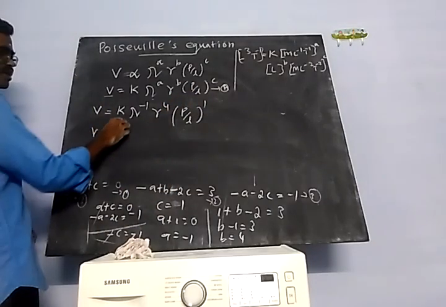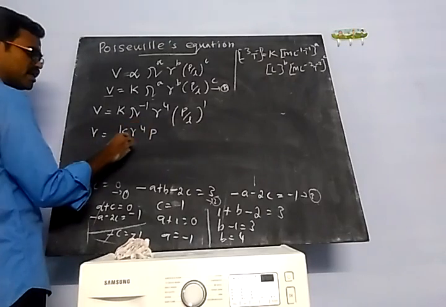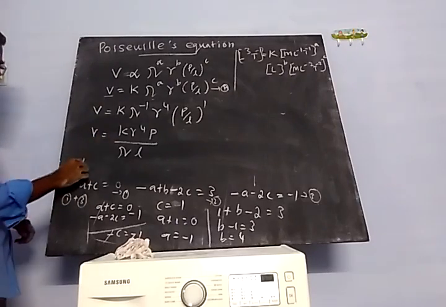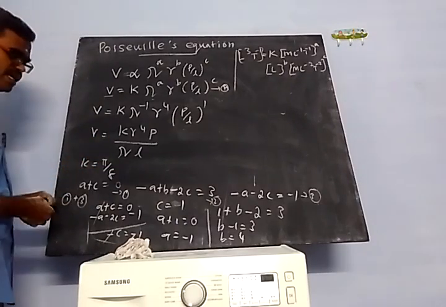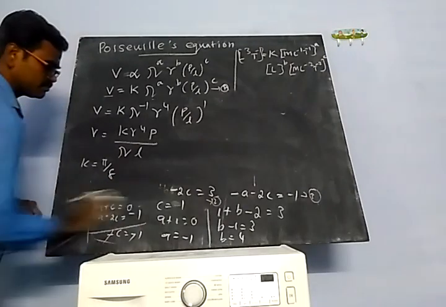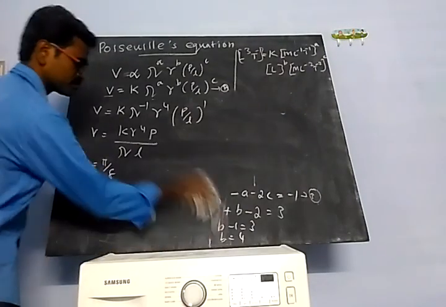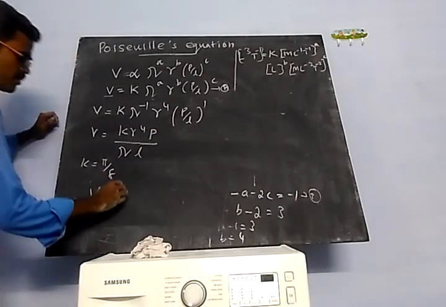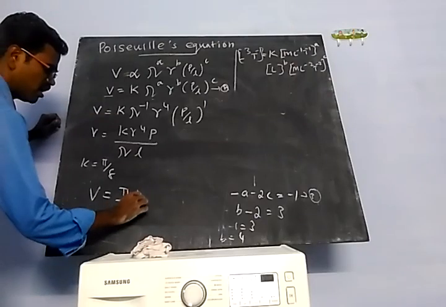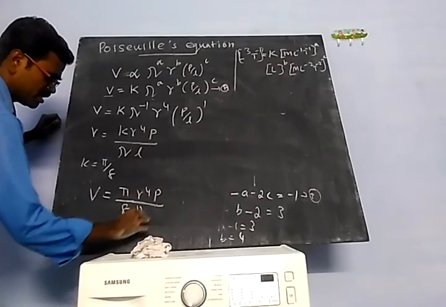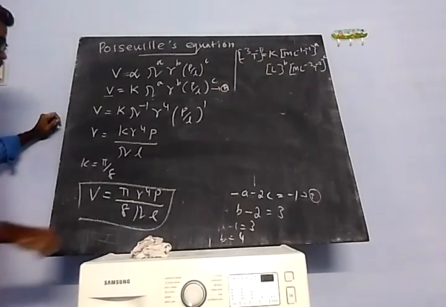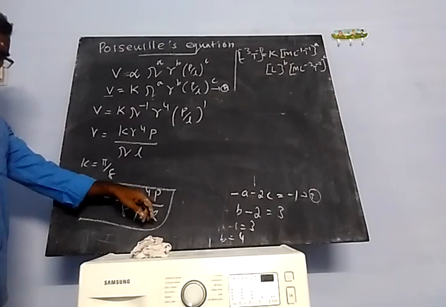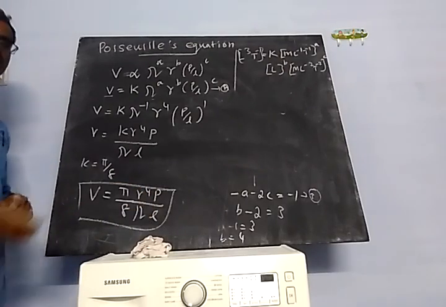Then V is equal to K R power 4 P divided by eta L. K is a constant, and that K value you can substitute by pi by 8. We get V is equal to pi by 8 R power 4 P divided by eta L. So this is the volume of the liquid flowing per second. The formula is pi P R power 4 by 8 eta L.